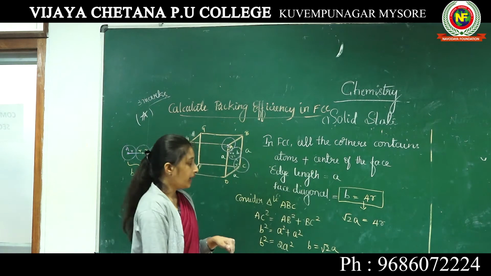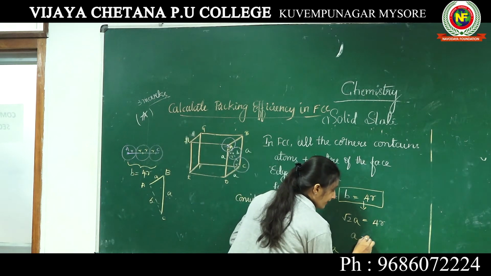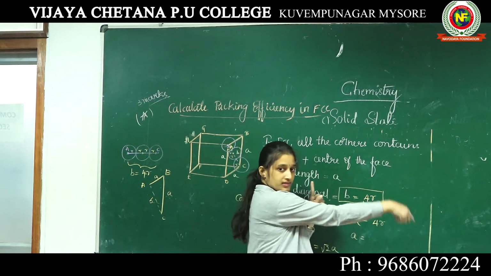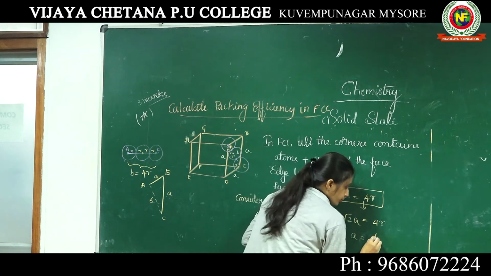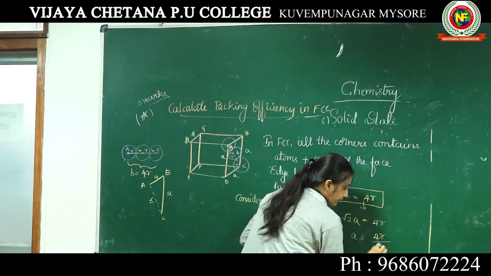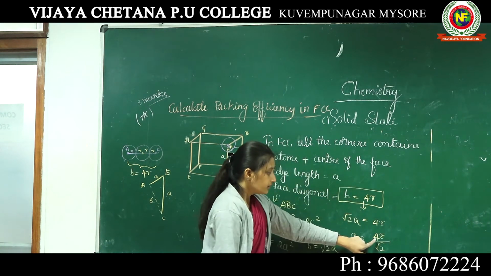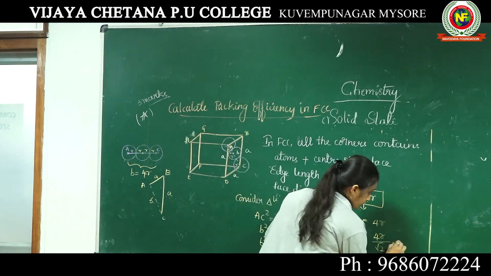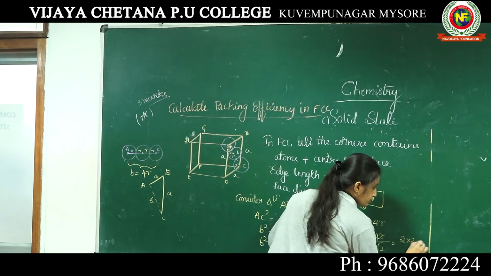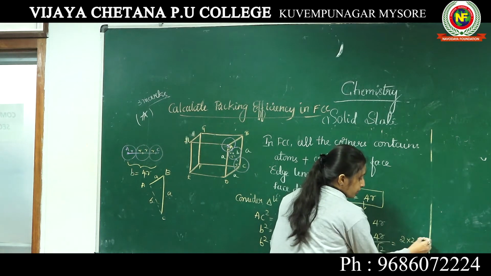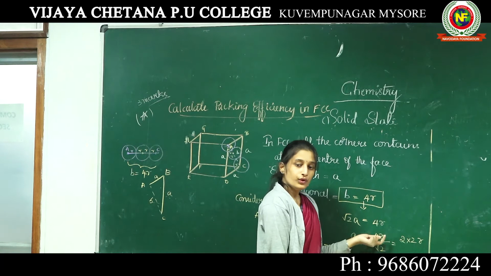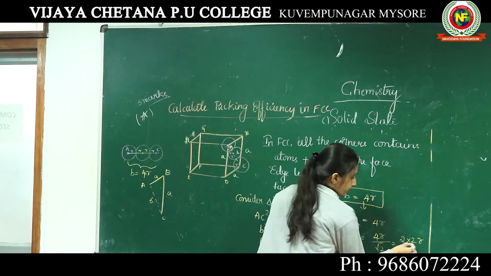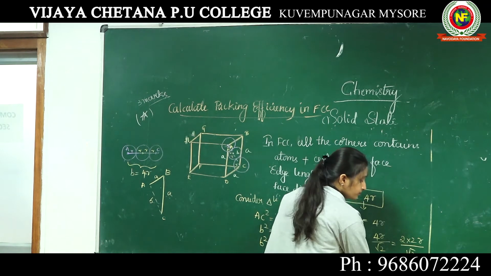What do I want? I want the a value. So I am going to shift this root 2 from the left hand side to the right hand side. So 4R divided by root 2. This 4 I will write as 2 into 2. So 2 into 2 R as it is. 2 2s are 4, no. I have split and written it. 2 into 2 divided by root 2.